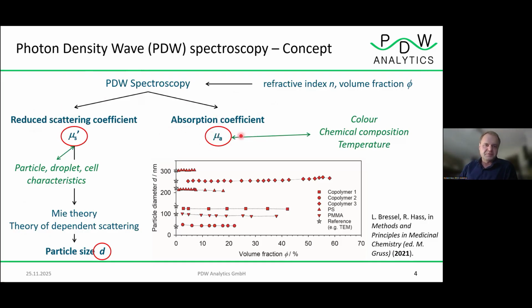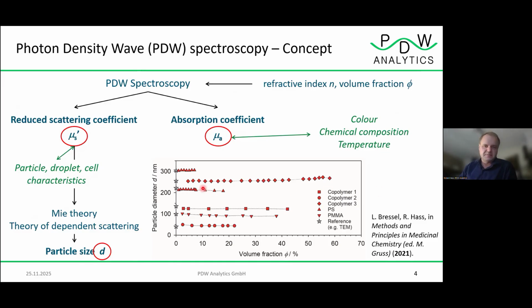The absorption coefficient tells something about the color or the chemical composition or the temperature of the material, like any absorption spectroscopic approach. The scattering tells us something about the particle, droplet, and cell characteristics. For some industries, particle size is then relevant. From the scattering, by Mie theory and the theory of dependent light scattering, you can get to particle size.